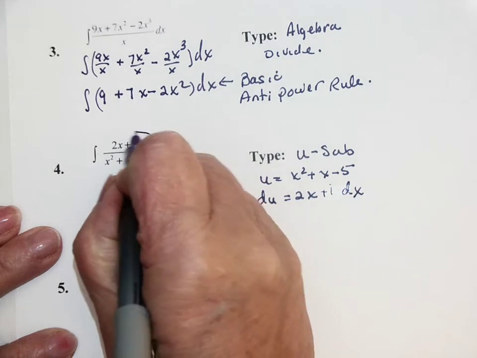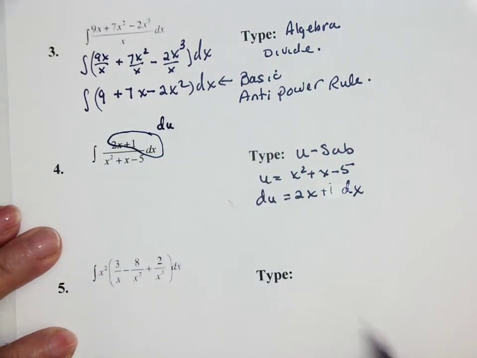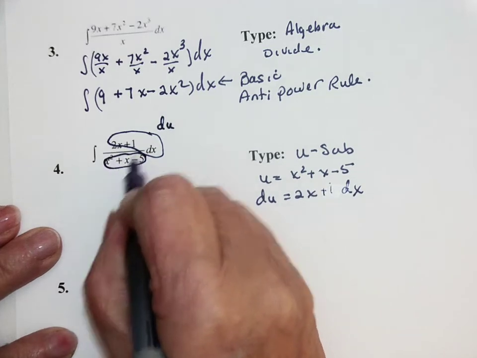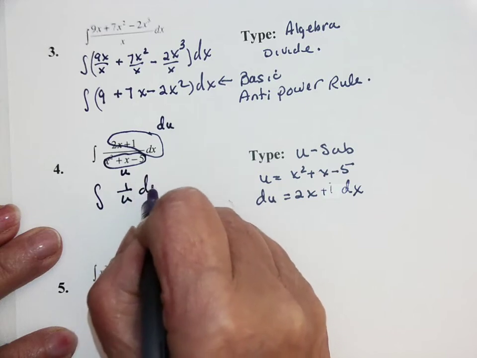And so this guy right here, that's just du, and this here is u. So this is the integral of 1 over u du.